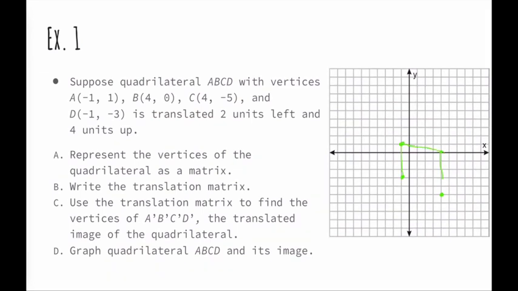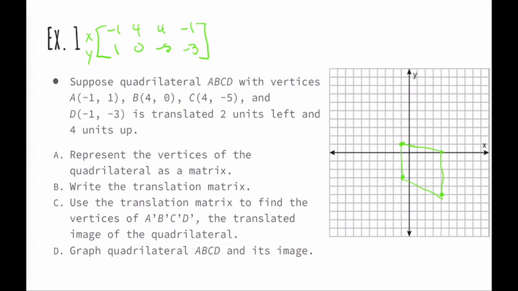So here is our quadrilateral. Represent the vertices of the quadrilateral as a matrix. So -1, 1, 4, 0, 4, -5, and -1, -3. That's the vertex matrix. You just put all your x's here, and match them up with all your y's here.